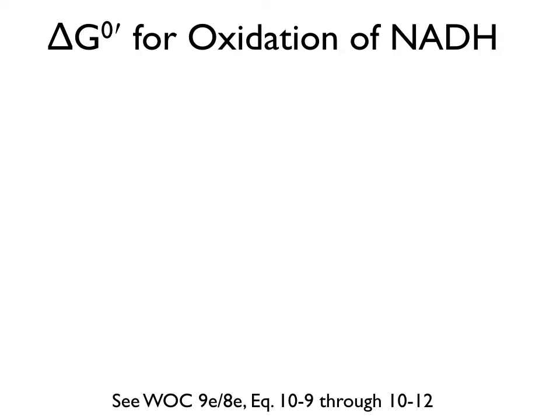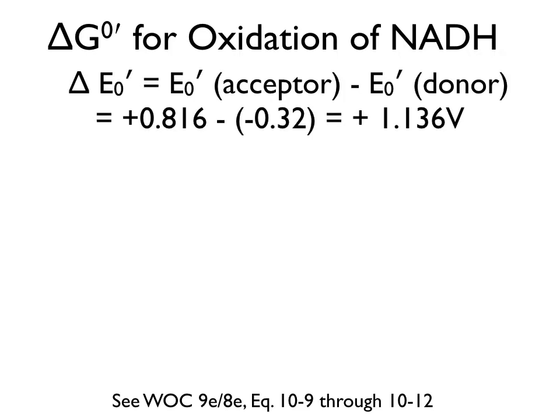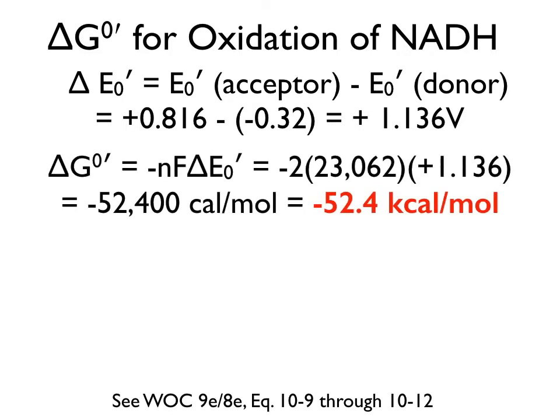Delta G0 prime for oxidation of NADH can be calculated in the following way. Let's calculate delta E0 prime first. Well, in our case, we can look that up from a table, and it turns out that we can calculate this as positive 1.136 volts.